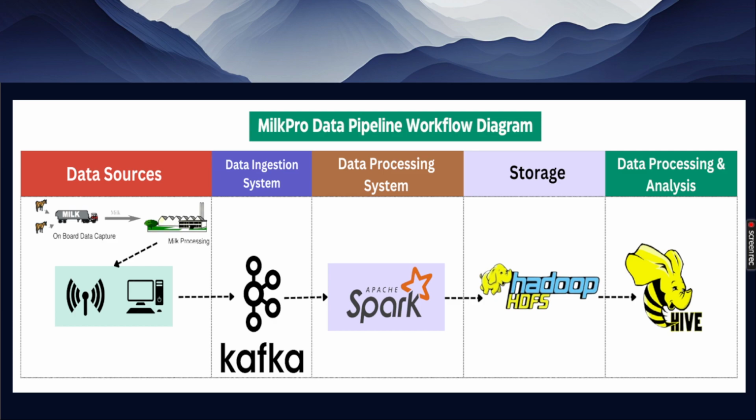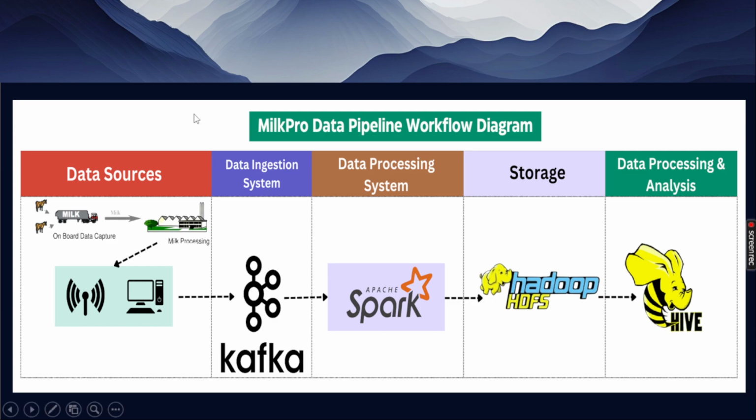Let's walk through the data flow architecture of the MilkPro Data Pipeline Project. We ingest data from various sources like milk center data entries and sensor data from the milk processing unit. To replicate this data, we are using the Faker library to generate synthetic data.